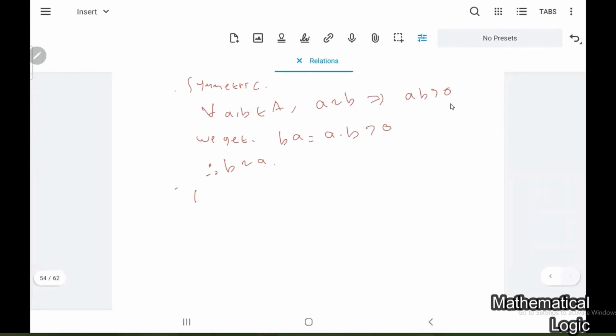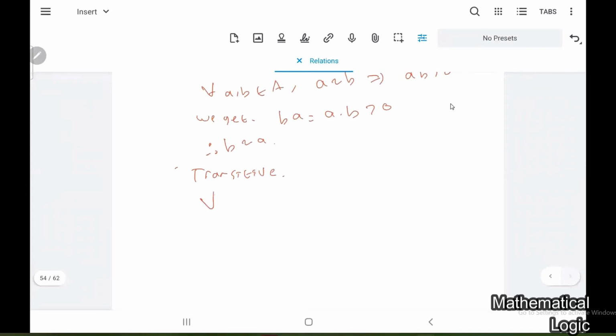Another one, transitive. This one is more difficult. For every a, b, c in A, a is related to b and b is related to c. So we know that ab is greater than 0 and bc is greater than 0.